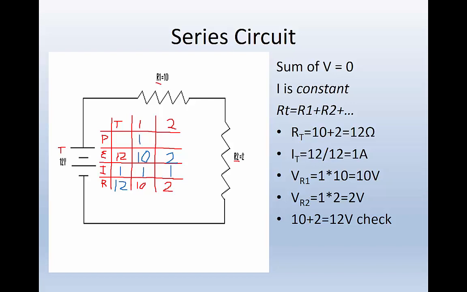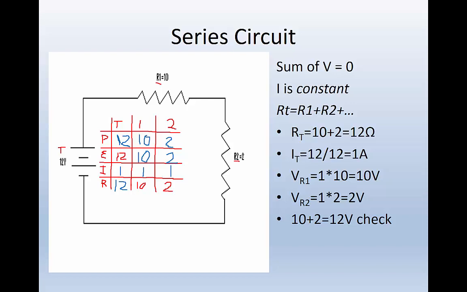Multiply up. 1 times 10 is 10. 1 times 2 is 2. Add those together. That gives me 12. 12 watts divided by 12 volts gives me 1 amp. That is correct. We've just proven that, and we've solved this problem.